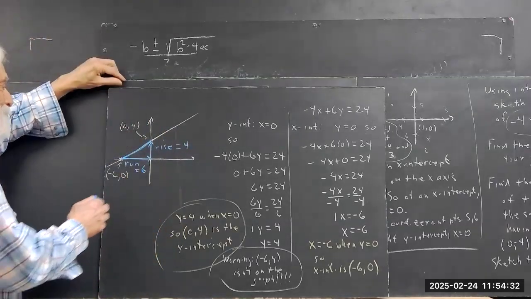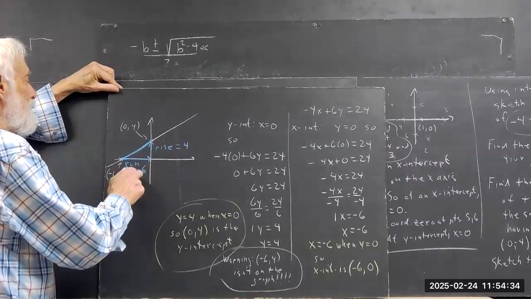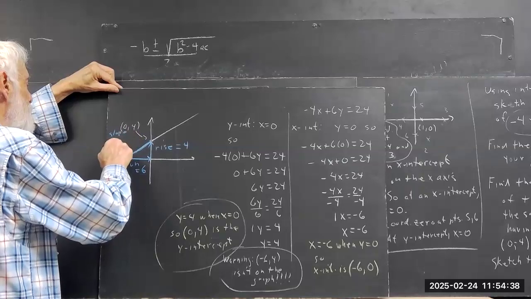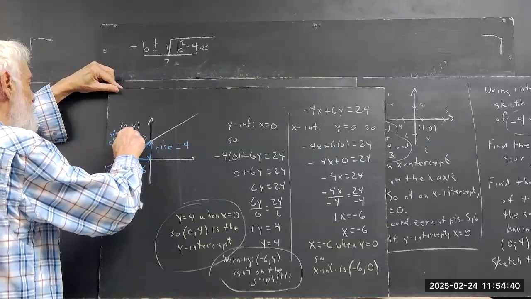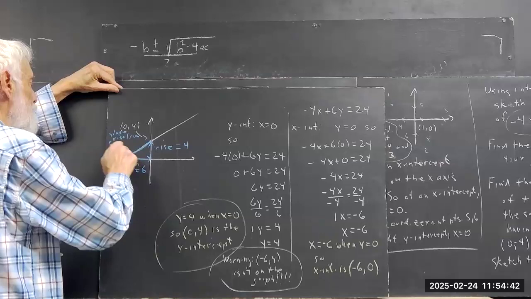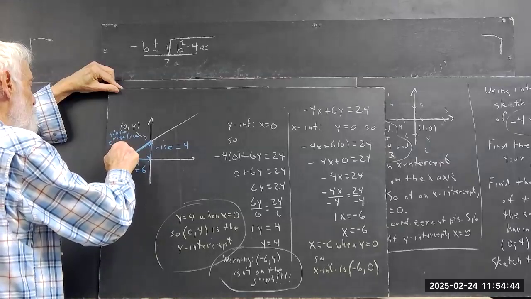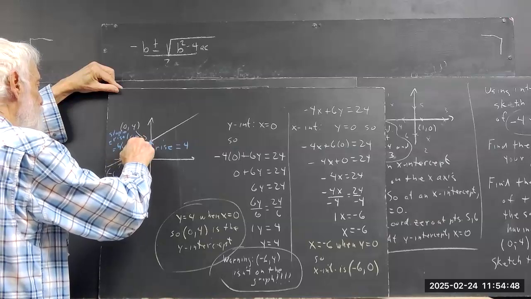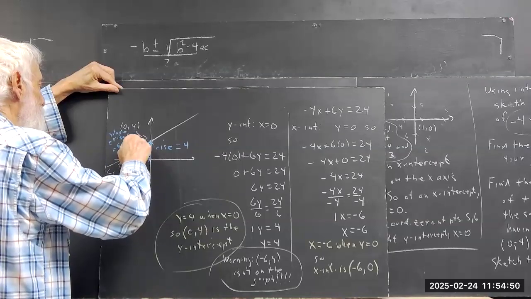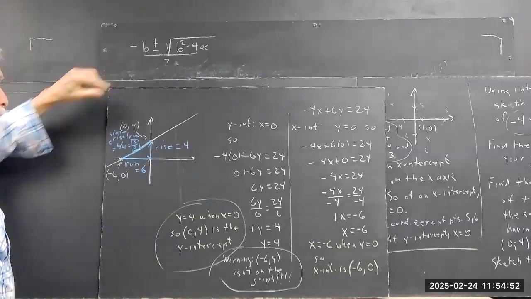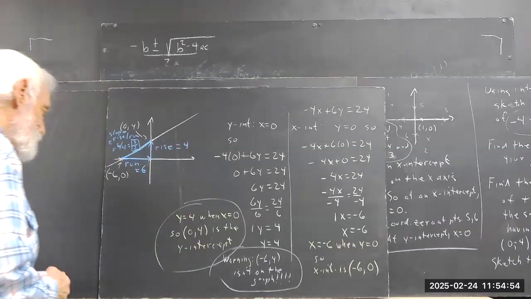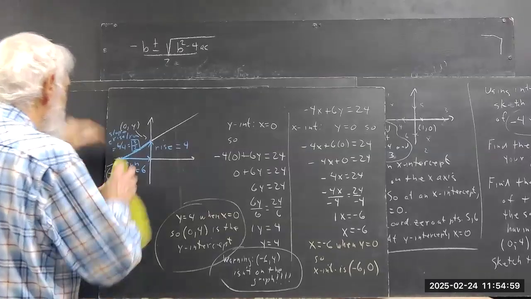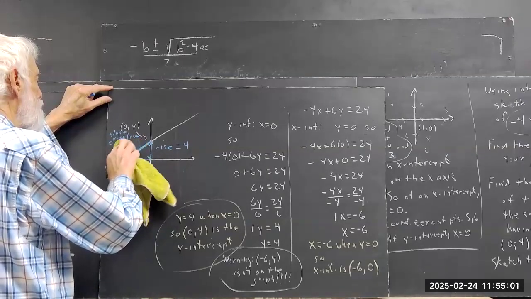Okay, so your slope is a rise over the run, which is 6 over 4, which is, oh man, I will tell you that I'm a little bit dizzy today.